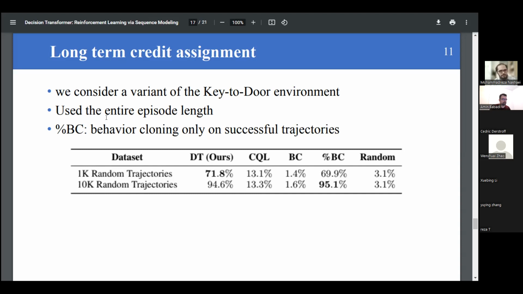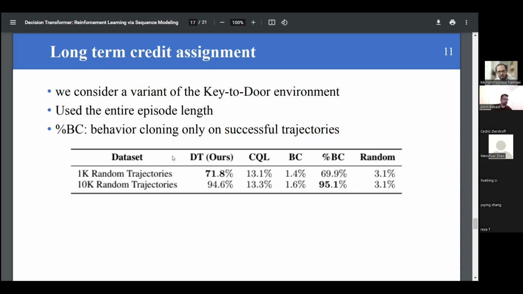For this purpose, they use the entire episode length. Percentile BC means the behavior cloning algorithm trained only on successful trajectories. So in the data sets, there is a data set of a random policy, which is successful only roughly around 3% of times.